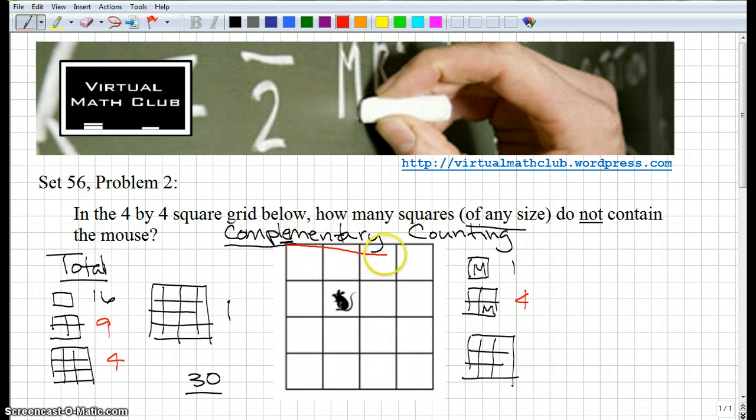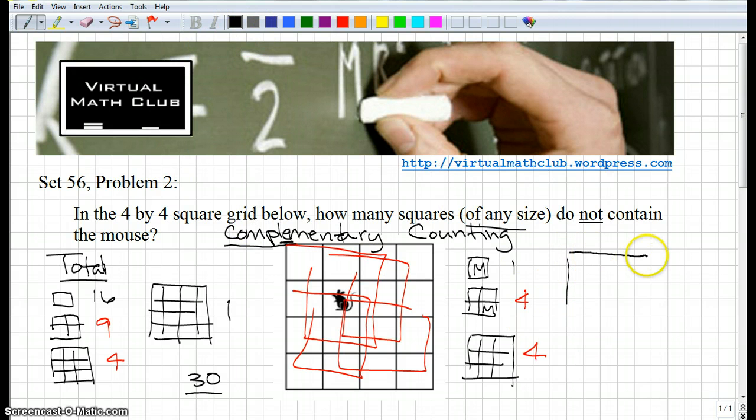When I was going through that. You can see that there's a 3 by 3, there's a 3 by 3, and then you just come down here. So they're really all going to contain the mouse. So there's 4 of them, they all contain the mouse. And then finally, we've got the big 4 by 4 square, the whole thing. There's only one of them. And that definitely contains the mouse.